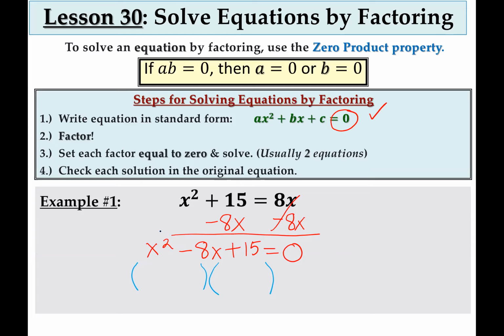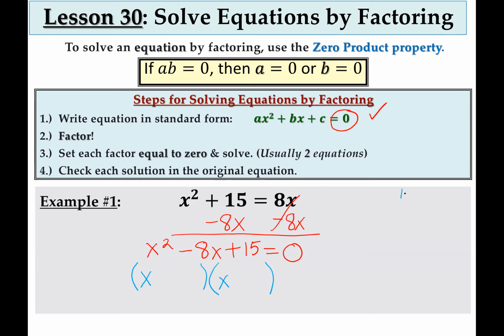So you can set up your 2 parentheses, your 2 binomial factors, and put x in the beginning of each parenthesis. So I have x times x, because x times x will give me x squared. I've left a space for the other 2 numbers. Those last 2 numbers need to multiply to 15 while also adding up to negative 8.